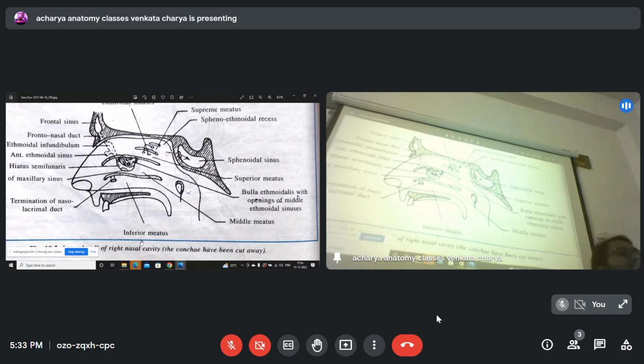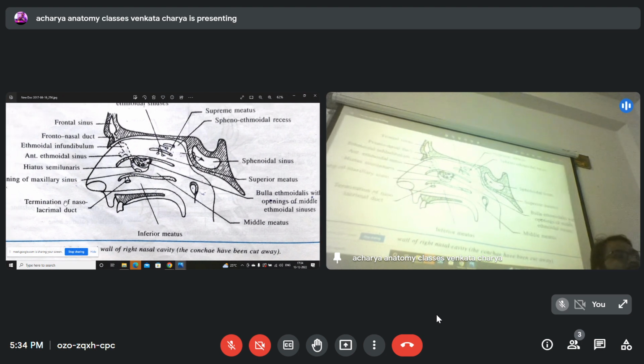There is a presence of a sickle-shaped or semilunar-shaped groove called hiatus semilunaris.